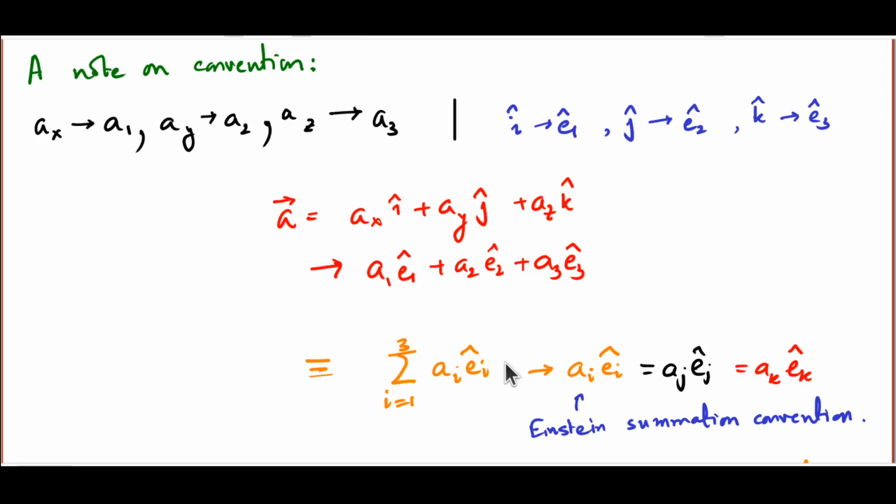The convention was simply this: if an index is repeated in an expression, unless otherwise stated, we are going to sum over all possible values of that index. So instead of writing the sum over i going from 1 to 3 of Ai ei, the convention simply says that I'm going to write Ai ei, and that's it. The moment I write Ai ei, the convention tells us that this means A1 e1 plus A2 e2 plus A3 e3.